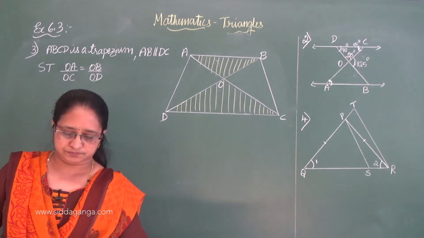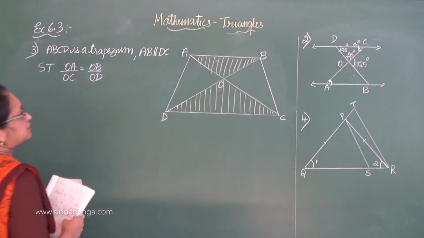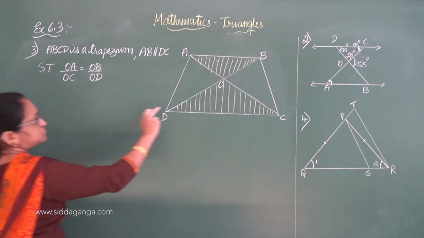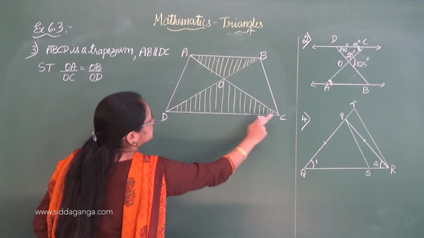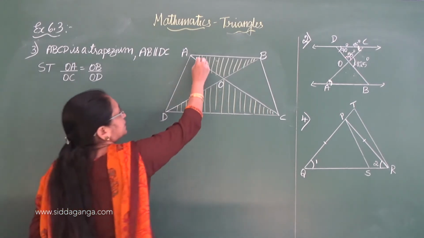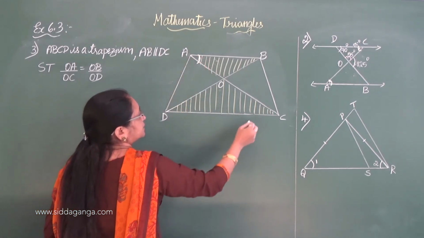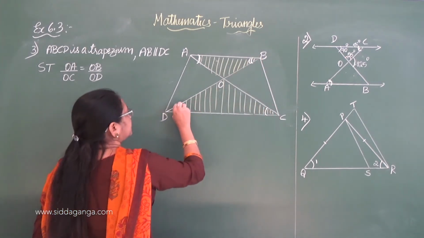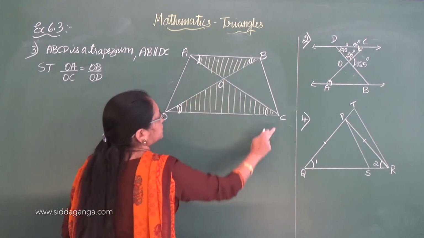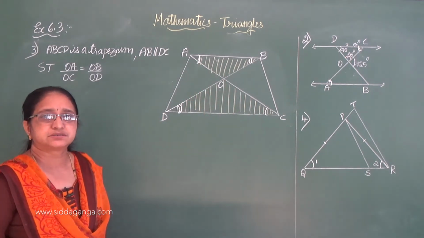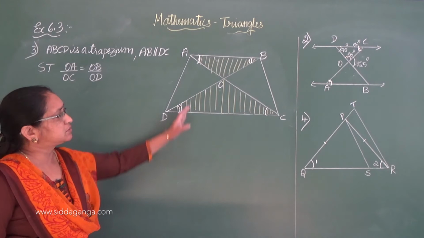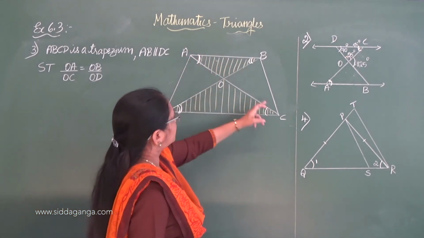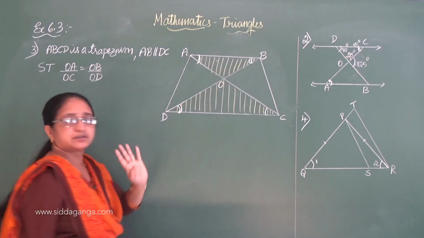Let me write. These two, AB and CD, are parallel. So definitely, observe this angle and this angle, they will be equal. Alternate interior angles. I hope you can recall, in lower classes you have studied. AB is parallel to DC, therefore the alternate interior angles will be equal.